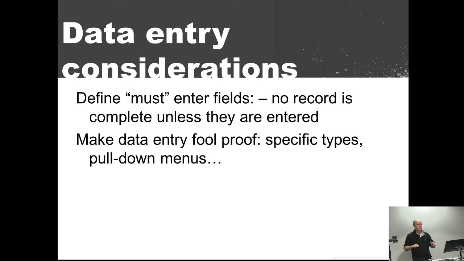Also, you want to prevent errors of spelling, for example. I mean, when you are registering on most websites, they are not asking you for your address anymore, your street number, your street name. They're asking you for your zip code.